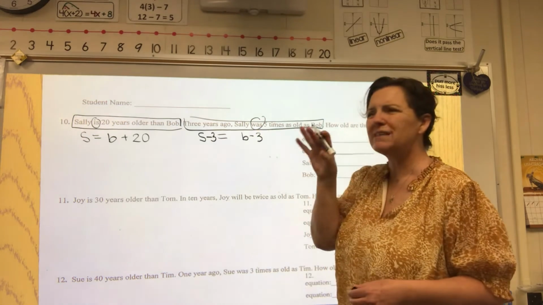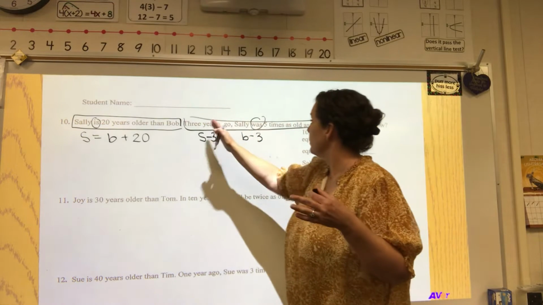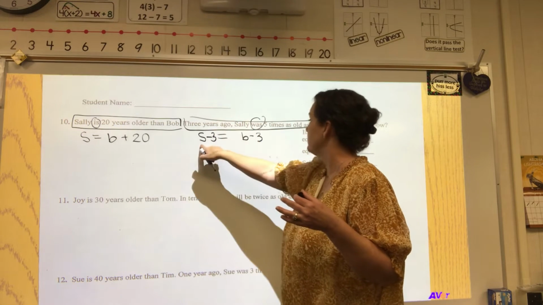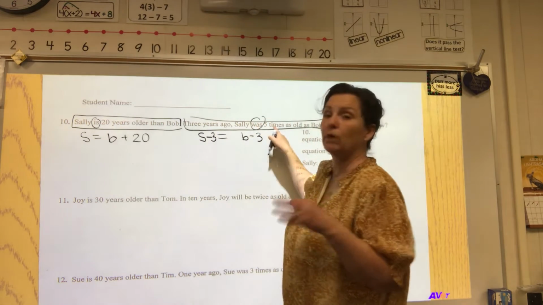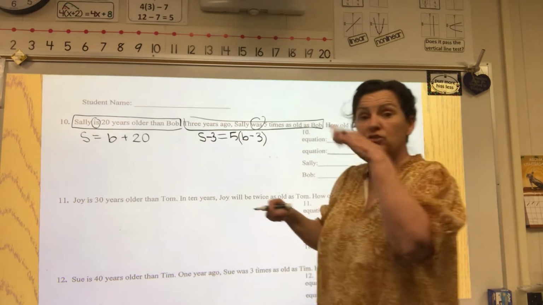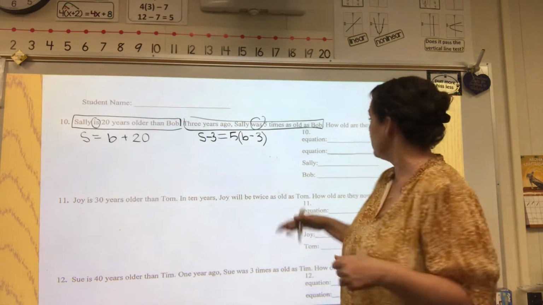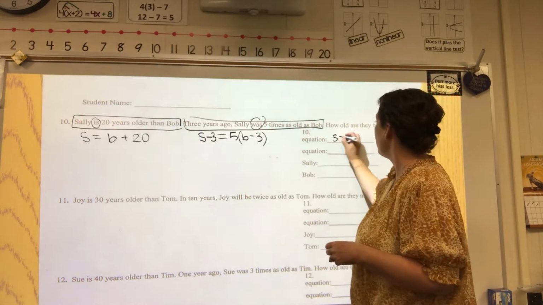And remember, there was always that little word in there that, well, we got to go read it, right? 3 years ago, got it. Sally, got it. Was 5 times. Ooh, I didn't use 5 times. 5 times all of Mr. Bob, including 3 years ago. So cool. We have our setup. Again, we can write them over here on the line.